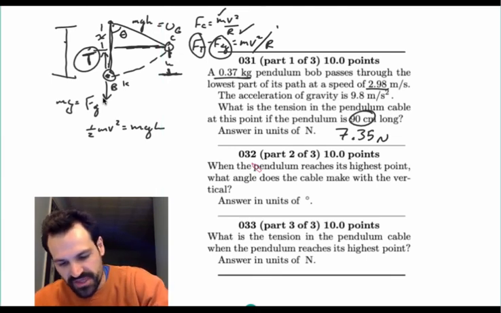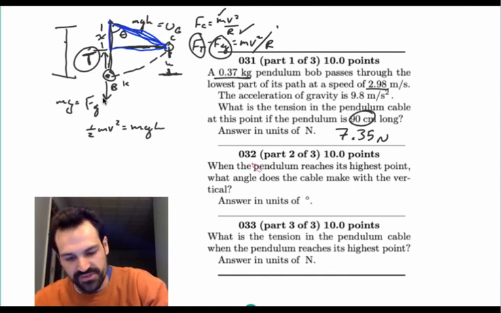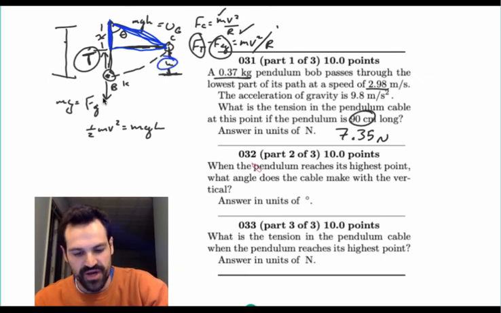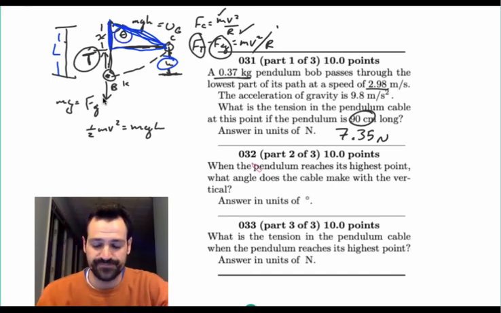So it all comes down to this blue triangle where the hypotenuse is the full length of the string. You need the adjacent side, and you get the adjacent side from subtracting the height from the full length of the string. And then you can use that to calculate theta.